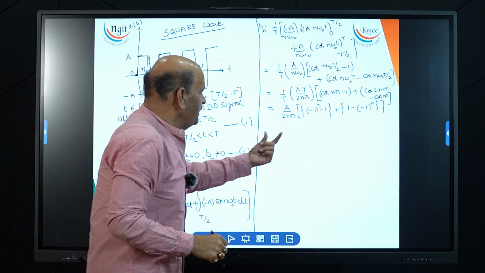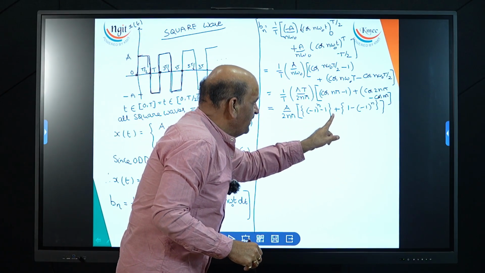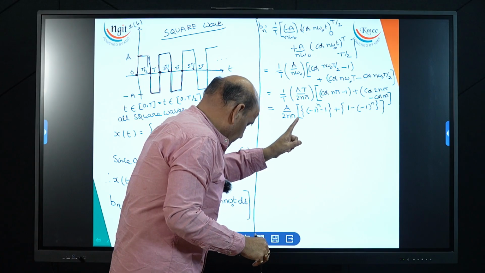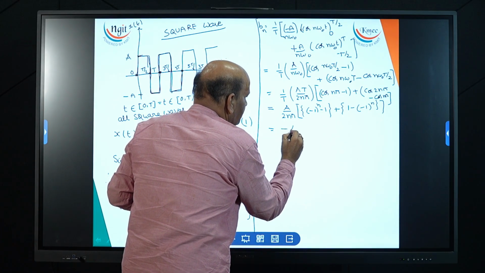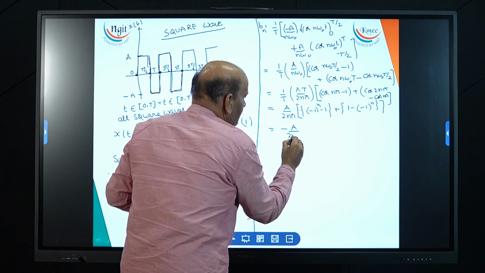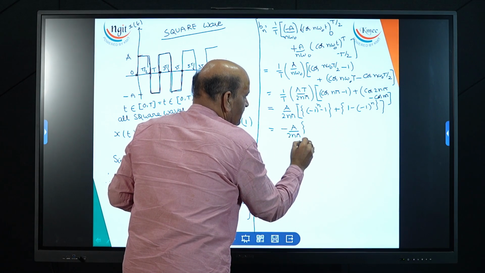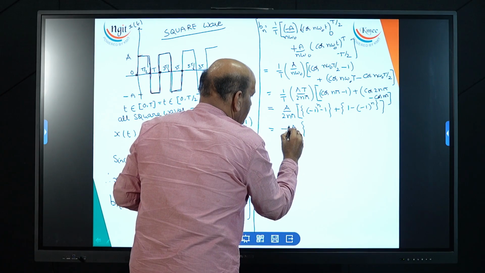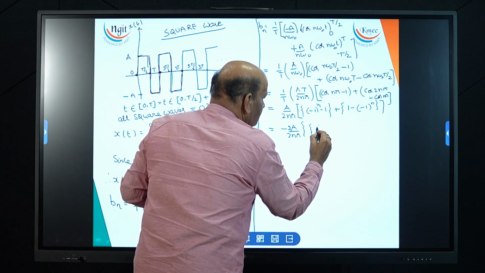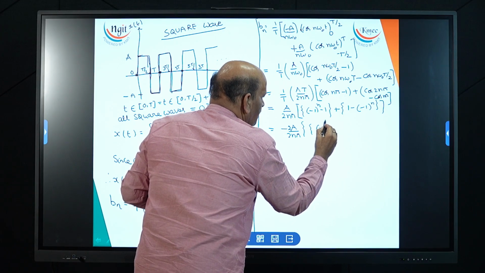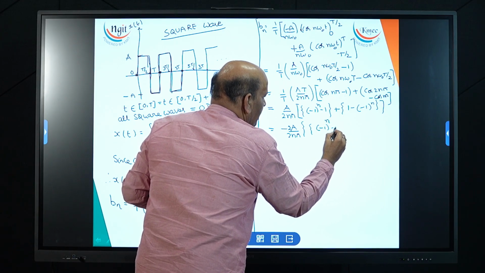Now just look at, these terms are the same but with only a difference of minus sign. So take minus out of this one. This is minus a by 2n pi into 2 times, that means 2 of a into minus 1 whole power n minus 1.